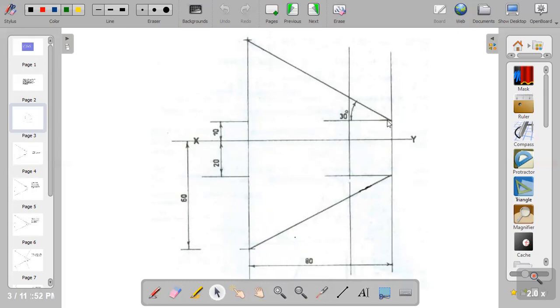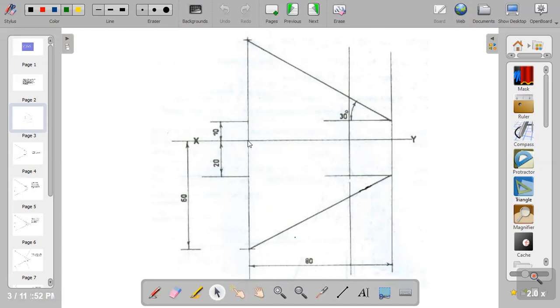Now, the first point is at 10 mm away from the XY line. To determine the other point, it is at an inclination of 30 degrees. So once I get the first point, which is at 10 mm from the XY, I will incline it at 30 degrees, a 30-degree line, to get the other point.